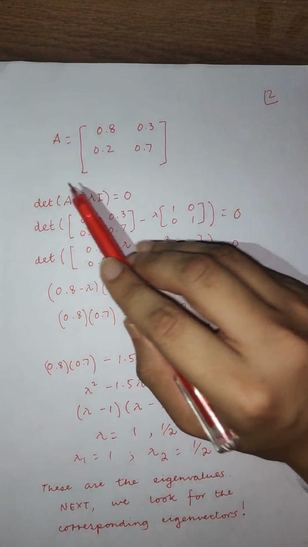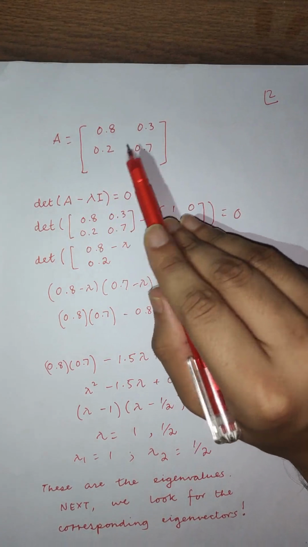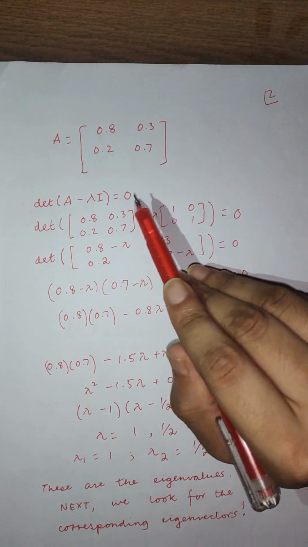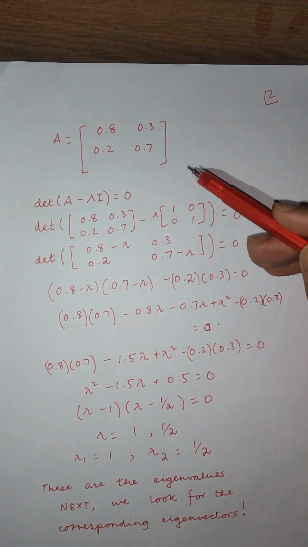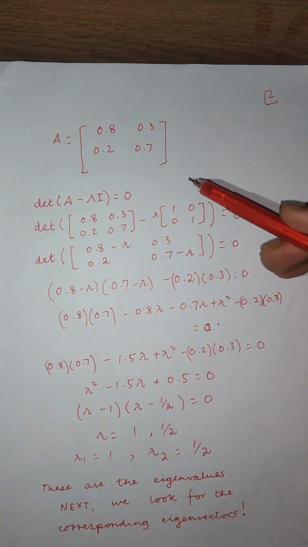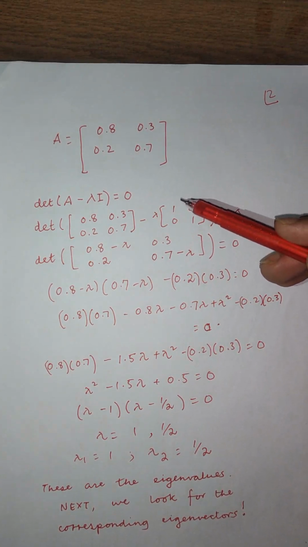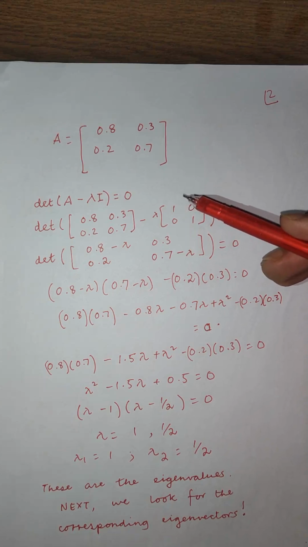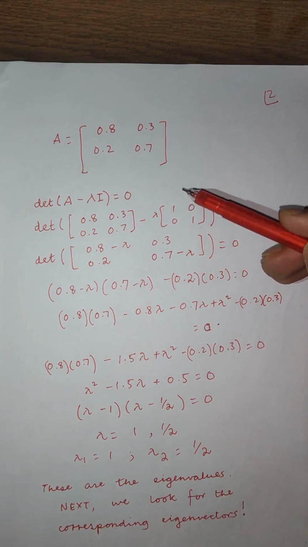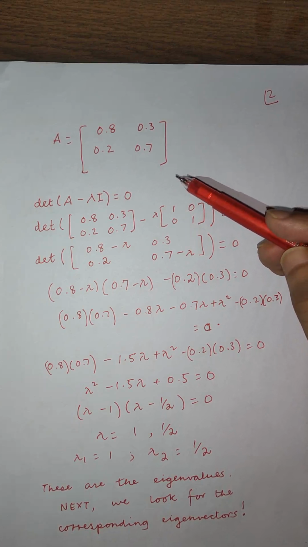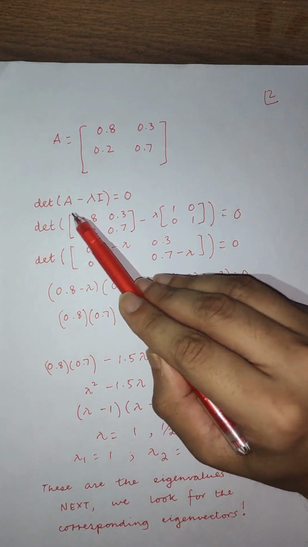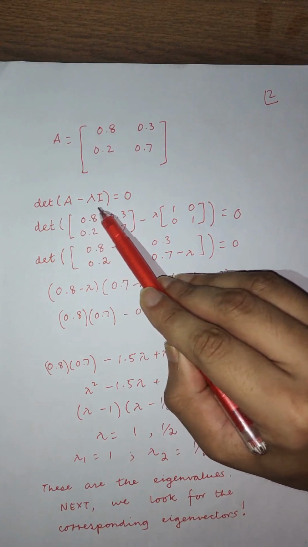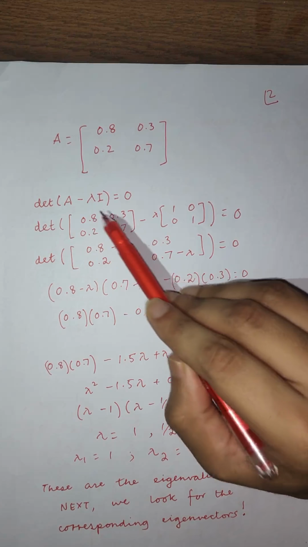We have the matrix A: 0.8, 0.3, 0.2, 0.7. At first, our aim is to find the eigenvalues. In order to do so, we can set the determinant of this matrix to 0.